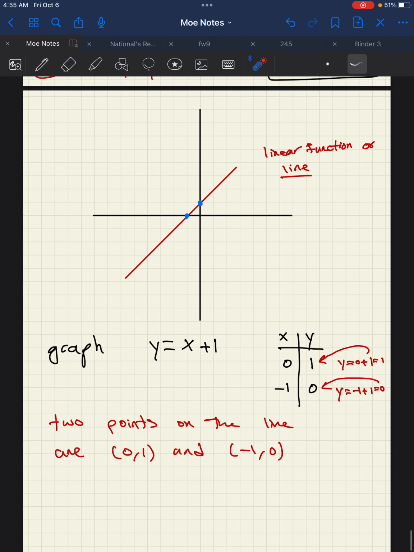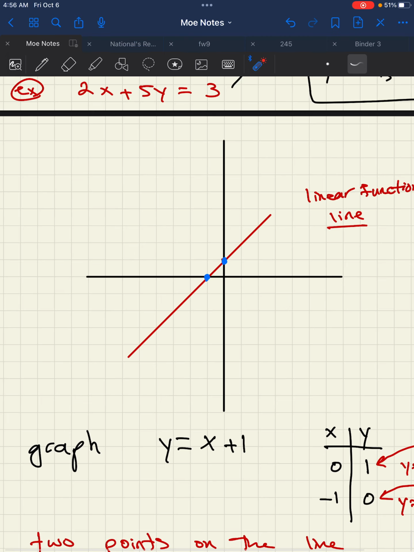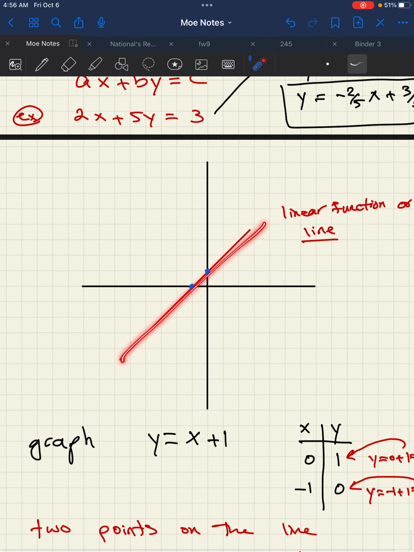So let's say you're given this function y equals x plus 1 and you have to graph it. If you notice, for a single line, you only need 2 points. If you have 2 points, you can actually draw the line.